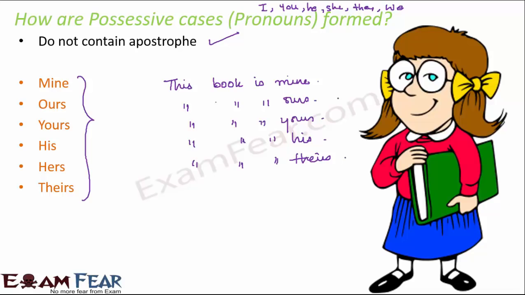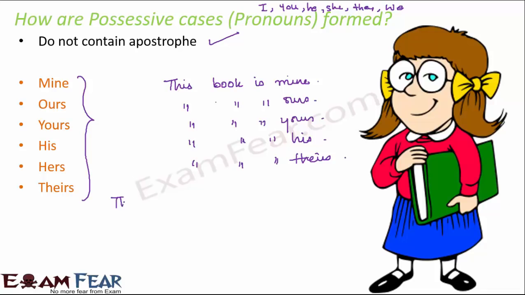Now, these are all standalone words. So if you look at these words, like in case of possessive nouns, we need to put apostrophe S. Somewhere we just need to put apostrophe. But here all these words are like standalone words and they show possession. Now, I'll give you one example to show how these possessive pronouns are important.